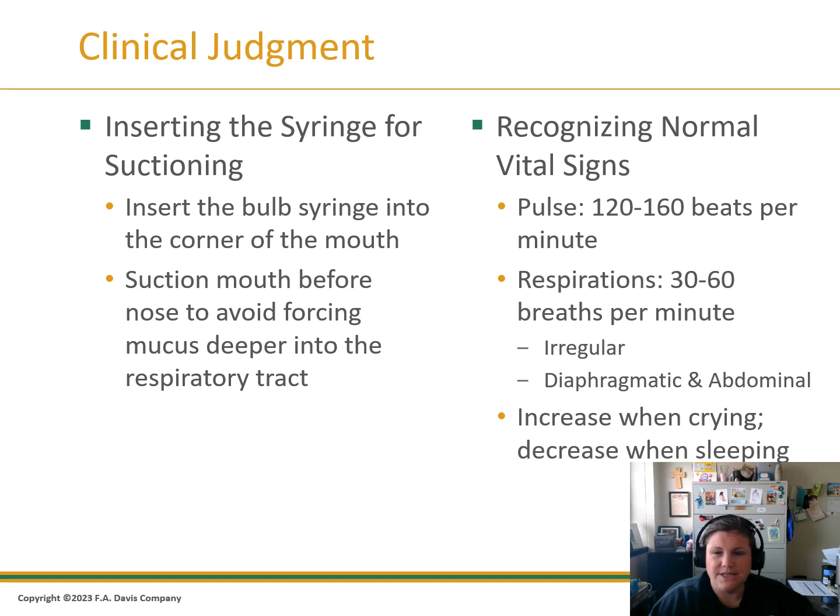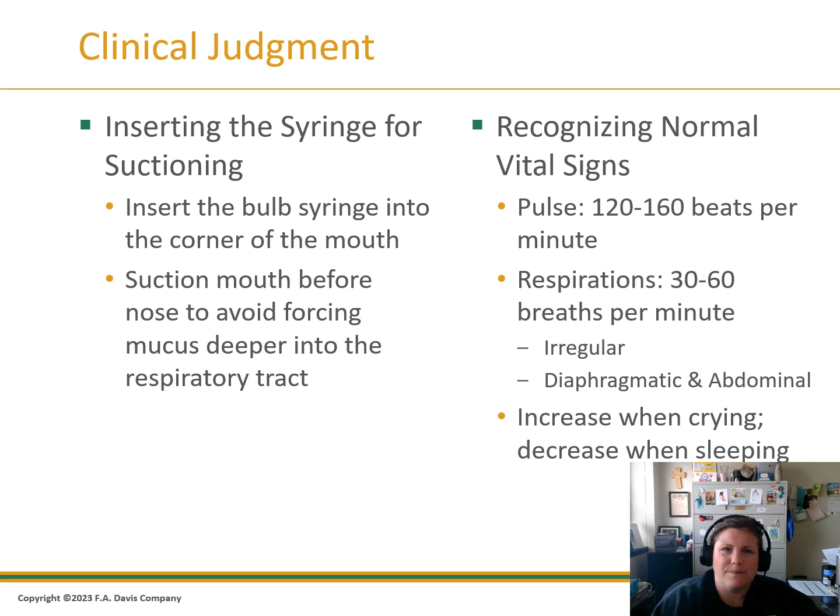Clinical judgment, some things to keep in mind since we're talking about making sure that the child's or the infant's nose is patent. We also want to remember that suctioning differs from the suctioning you're used to in the adult patient. You think of suctioning, you're usually thinking of the long plastic Yankauer that's used to go in and eliminate secretions in the patient's mouth.